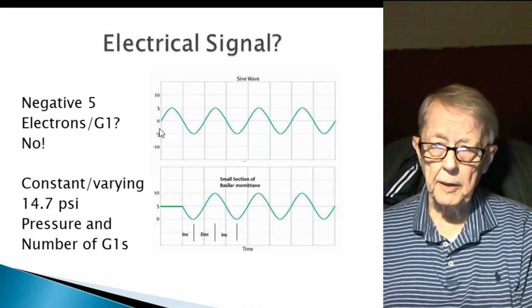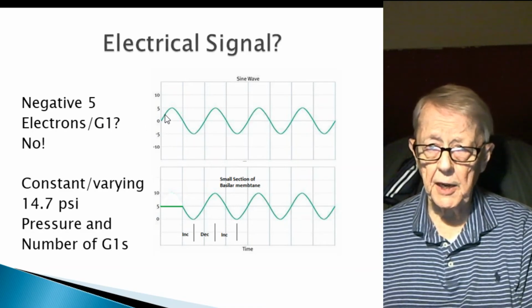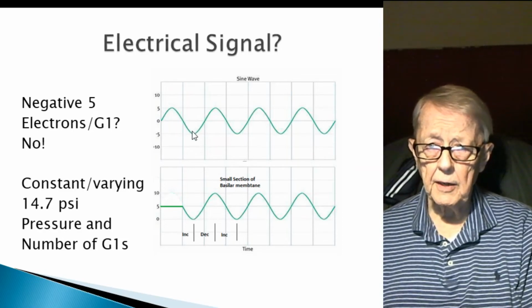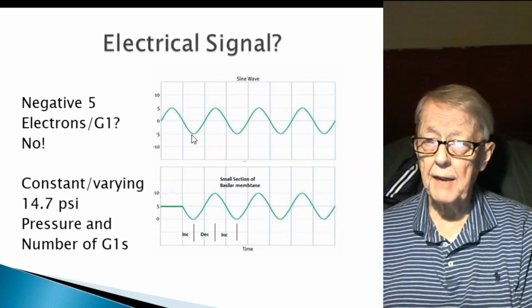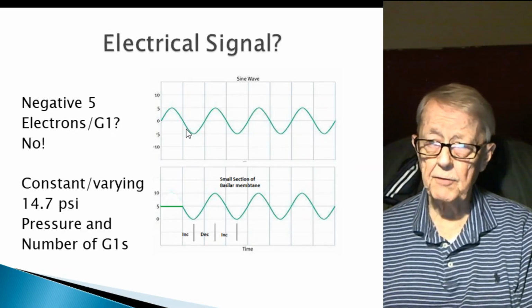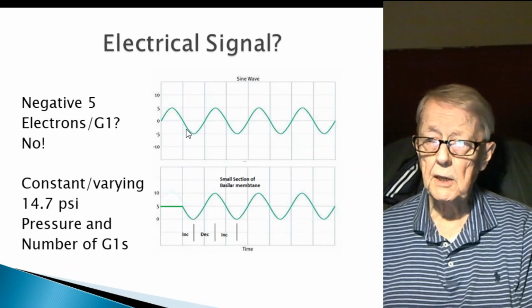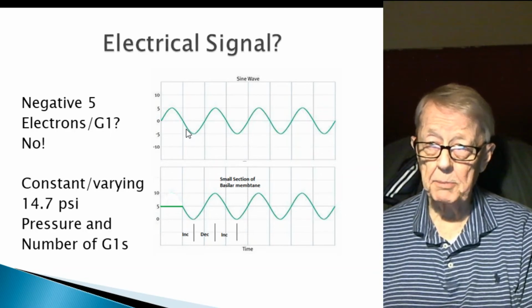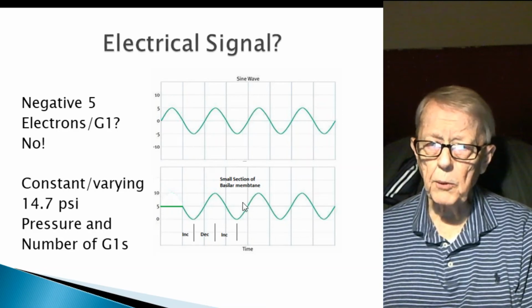Well, wait a minute. G1s are the same. That's 0 flowing, 5 flowing, a -5. You can't have a -5 number of electrons flowing towards the brain. It just can't happen. So I redrew it.